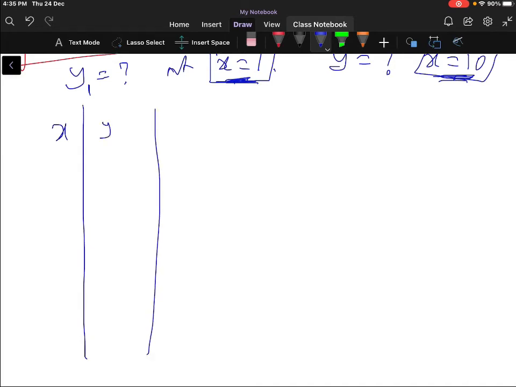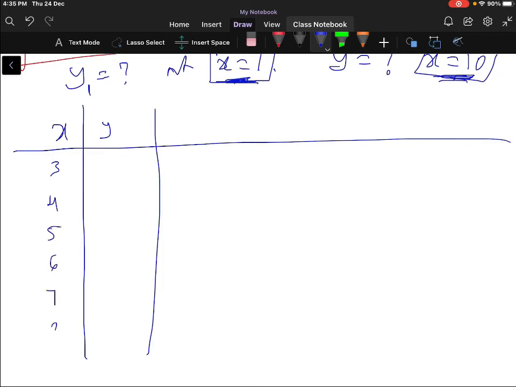In the first column of the table we have x, and in the second column we have the y values. So x is 3, 4, 5, 6, 7, 8, 9.